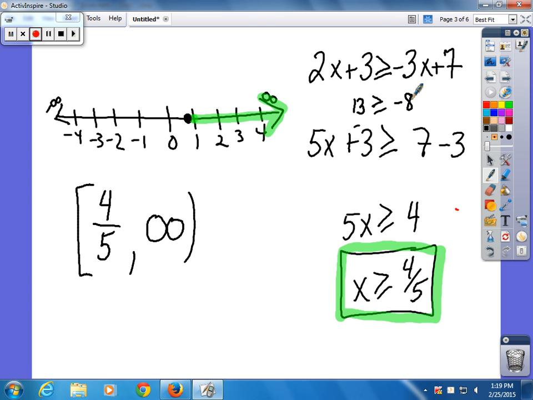Is 13 greater than or equal to negative 8? Yes. And it'll work all day long. Put in 10. 23. Negative 23. 23 is greater than or equal to negative 23.